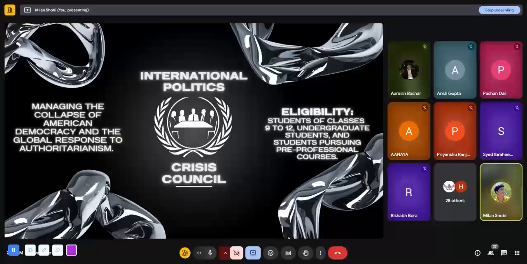Going further, the second flagship committee which we have is the International Political Crisis Council. The eligibility remains the same as Historical War Cabinet and AIPPM, which is students of classes 9 to 12, undergraduate students, and students pursuing pre-professional courses. The agenda is managing the collapse of American democracy and the global response to authoritarianism.